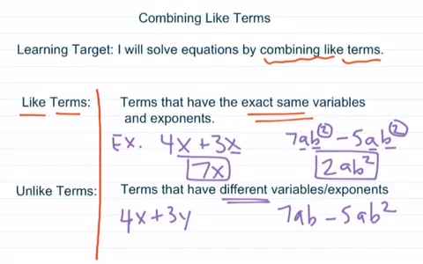They both have an a and they both have a b, but you cannot take it a step farther because the exponents are different. Okay, so there's our vocabulary, like terms and unlike terms, and we're just going to go through one example together, and then we'll work through many more in class.